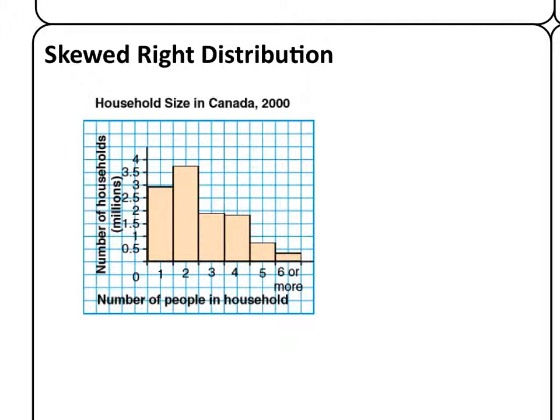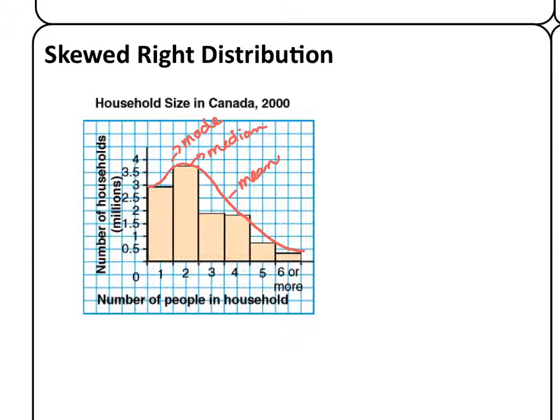All right, so the next one is called skewed right distribution, where it starts off with the peak really close to the edge, and then it tapers off as you go to the right. Now this one is skewed right because you have your mode on this side. You have your median, and then your mean, or your average, is away from the peak, because these values at the end are moving it closer towards that tail.